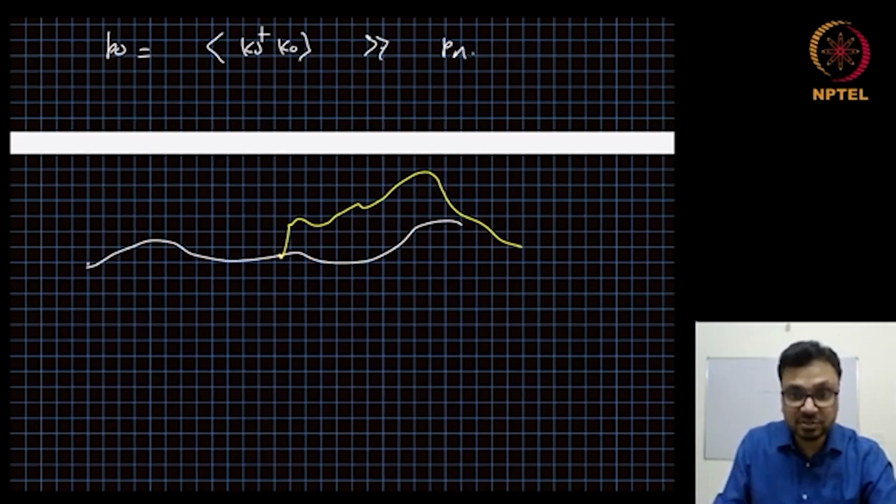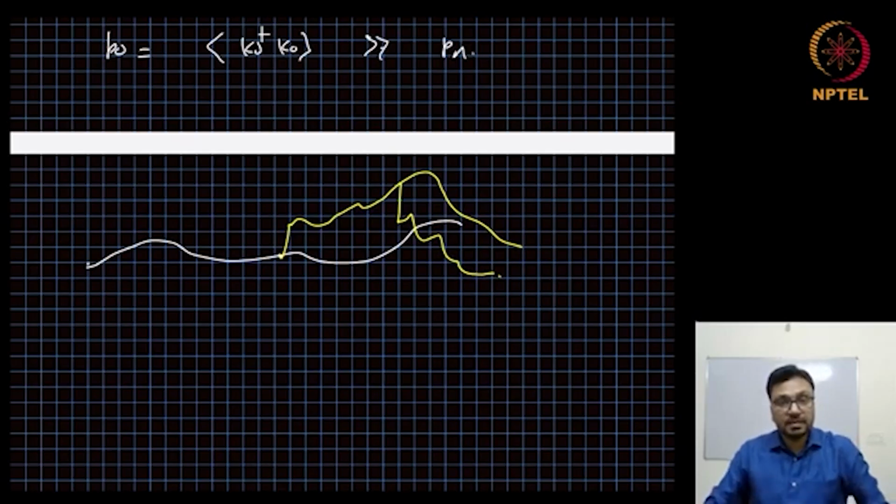Then again there will be a jump at some point, and the evolution starts from there. So mostly the evolution is governed by the non-Hermitian Hamiltonian, and once in a while there is a quantum jump, the state abruptly changes and the evolution starts again from that point.